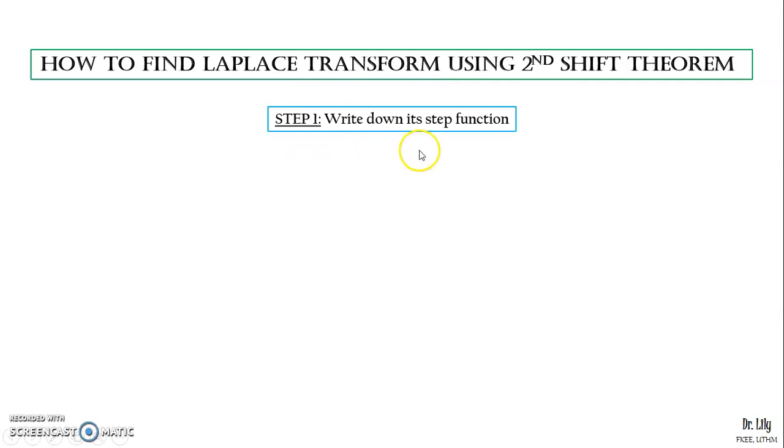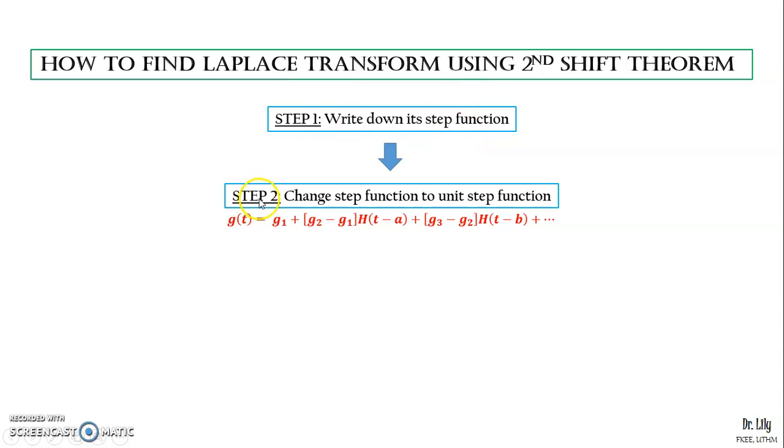Okay, so first of all, you need to write down its step function. Okay, so basically, let's say you are given a graph. So based on the graph, you need to write down the step function first. Okay, so after that, you need to change the step function into the unit step function using this formula. Okay, so it depends whether you have 2 step function or you have 3 step function.